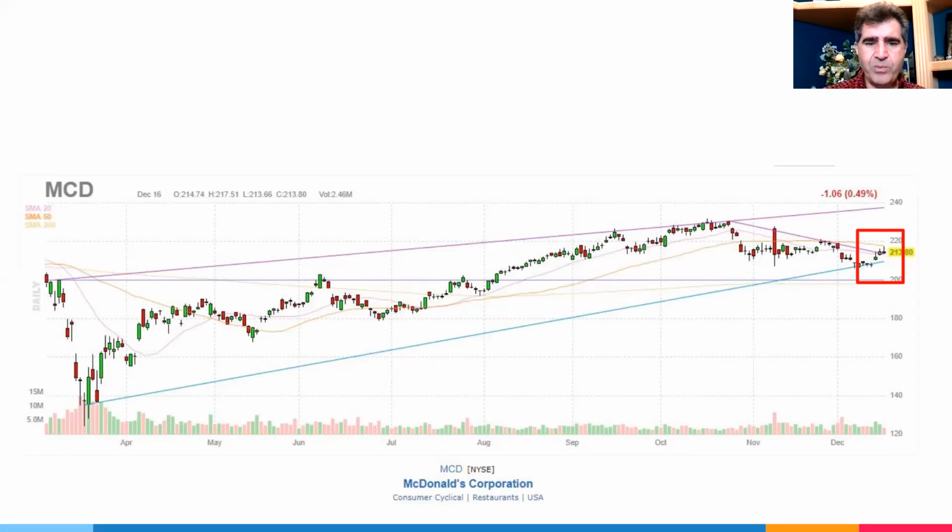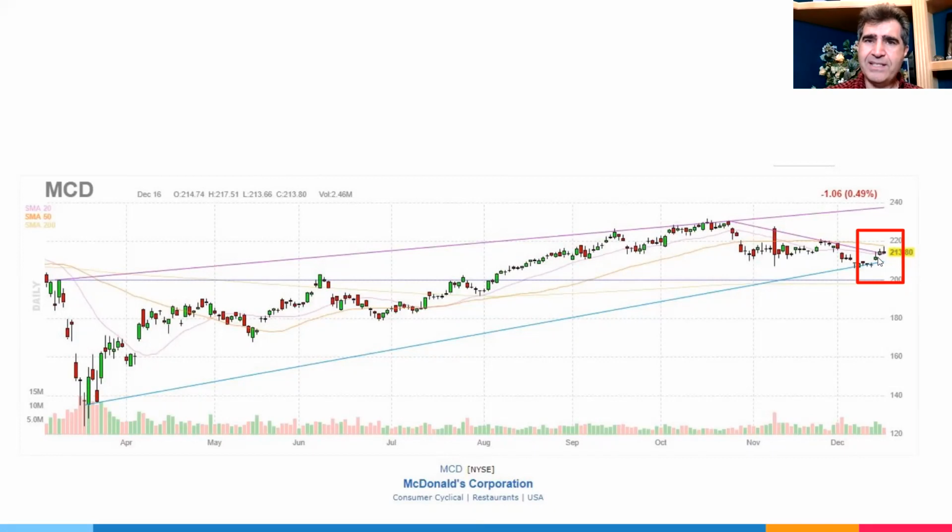What decisions do we make? We do have an inverted hammer here. McDonald's went up and hit its 50-day moving average and got rejected. That's why you see that tail. On the other hand, it's sitting on the 20-day moving average. So we really are in a neutral zone.